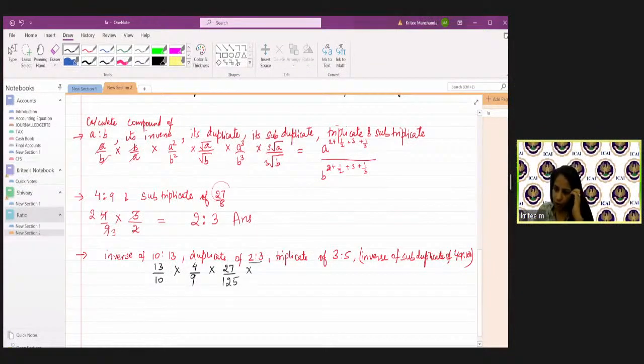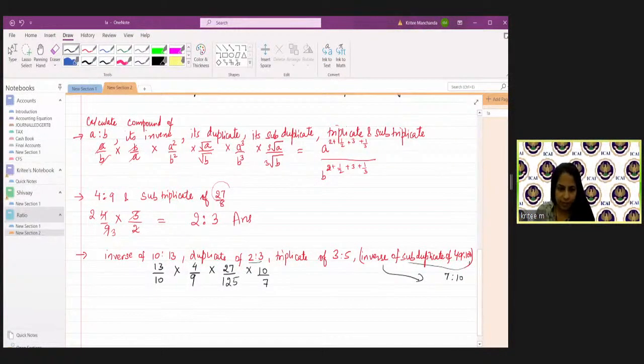Inverse of subduplicate of 49:100. So subduplicate of 49:100, square root of 49 is 7, square root of 100 is 10. Now I have to inverse it. That means 10/7.